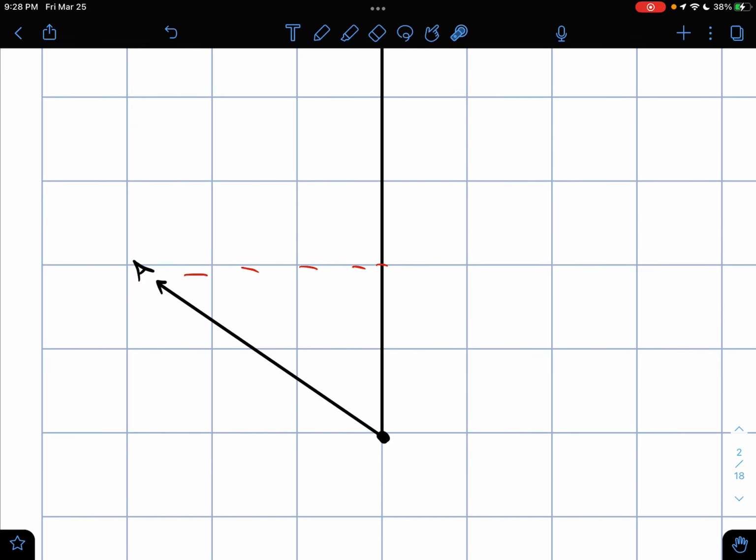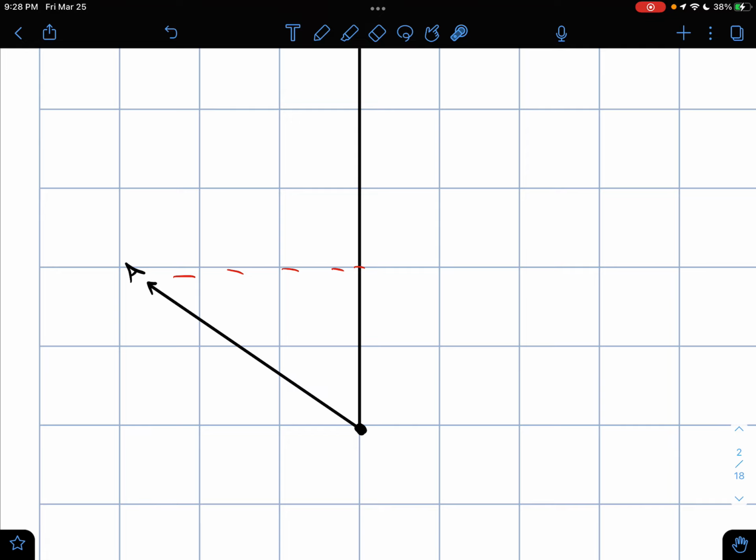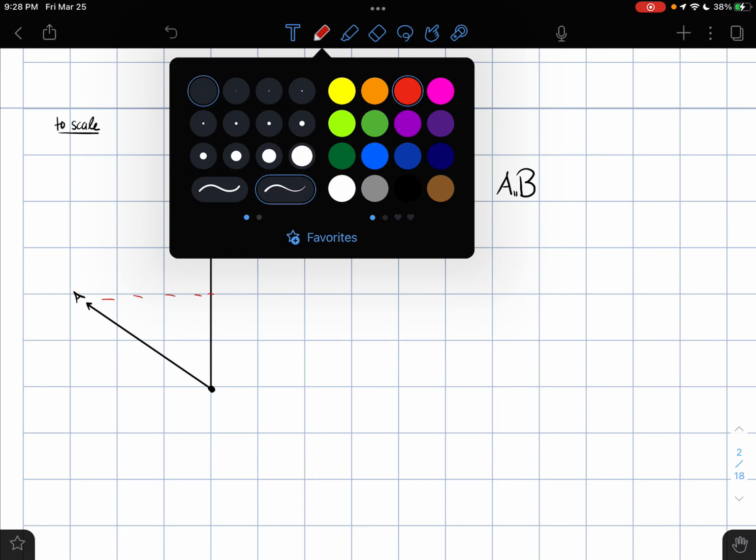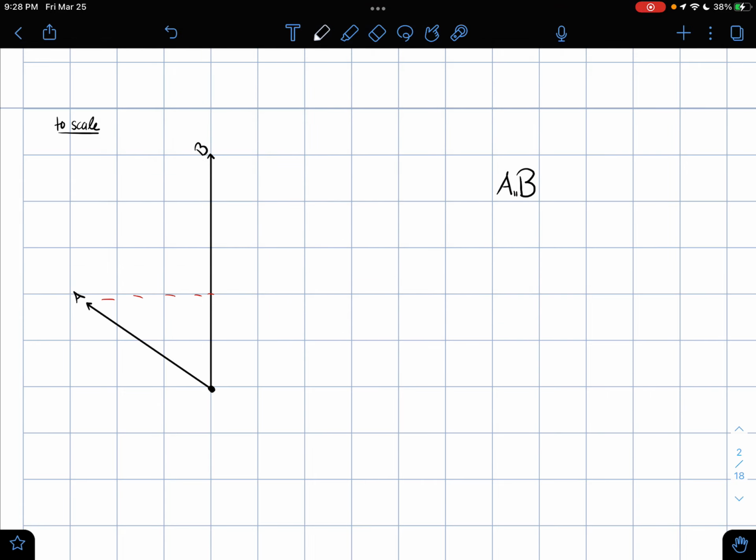Obviously, we have angles that we would know, and we could use trig because if we had the magnitude of A, I don't right now because it's a little bit off, but we're going to estimate and call it to scale. So that means B is 1, 2, 3, 4, 5. A is in the parallel direction.